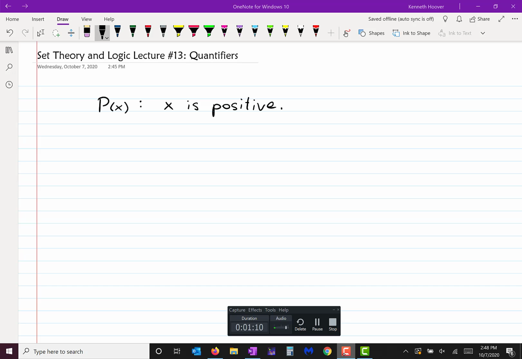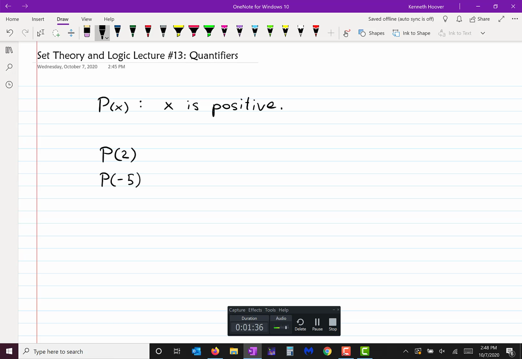So, for instance, P of X is an open sentence. It's neither true nor false. But P of 2 is a statement. It is true. And P of negative 5 is also a statement. It is false. Okay? Now you already know all of this.